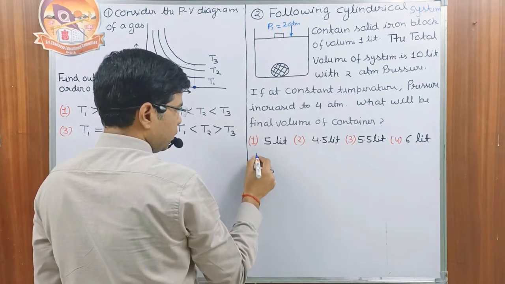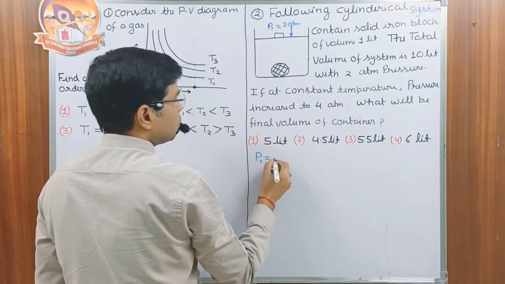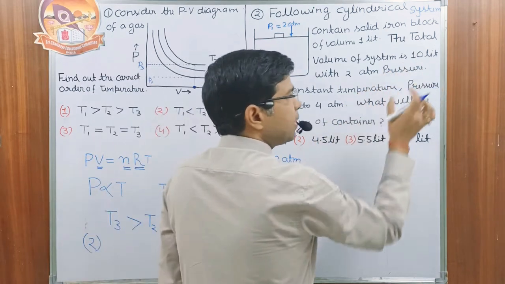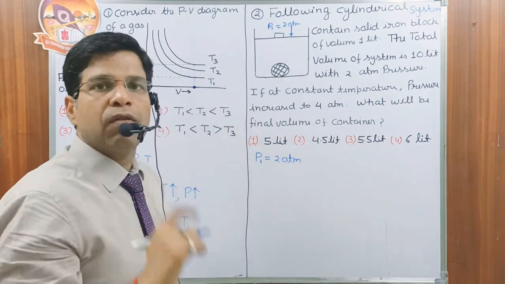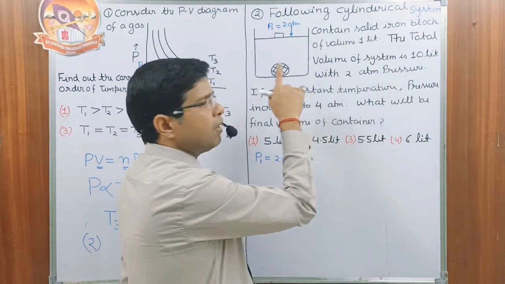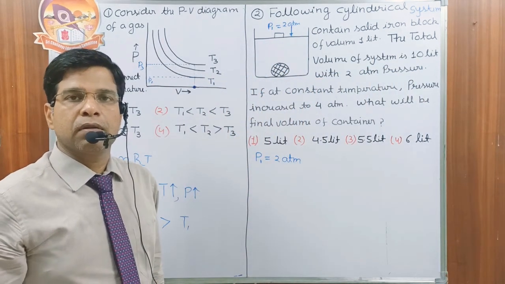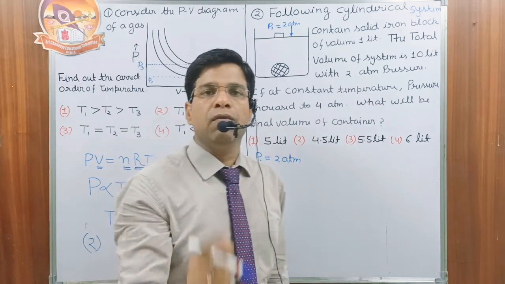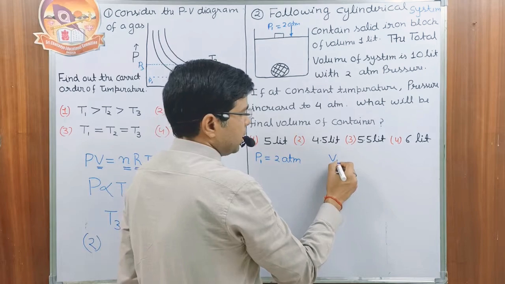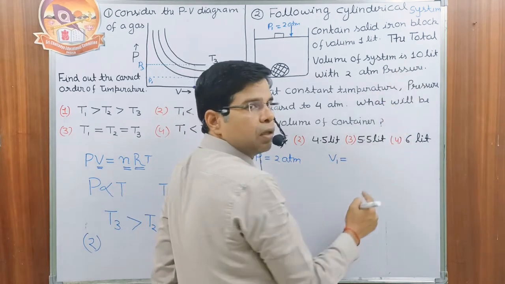What is given to us? P1 is equal to 2 atmosphere, and 10 liter is the volume of the container, not the volume of the gas, because in the 10 liter container we have a piece of iron, and the piece of iron has a volume of 1 liter. So the initial volume of the gas is not equal to 10.